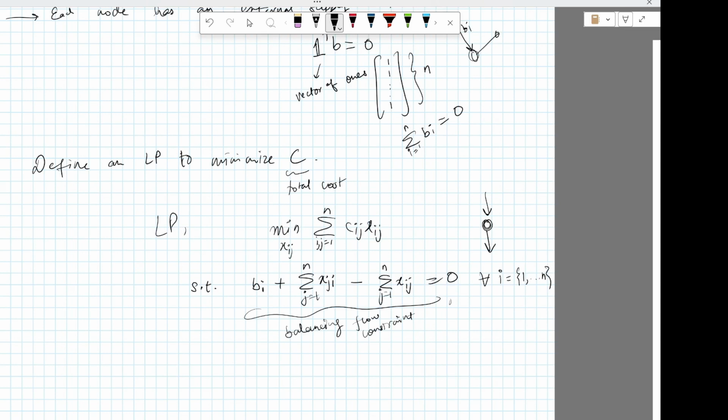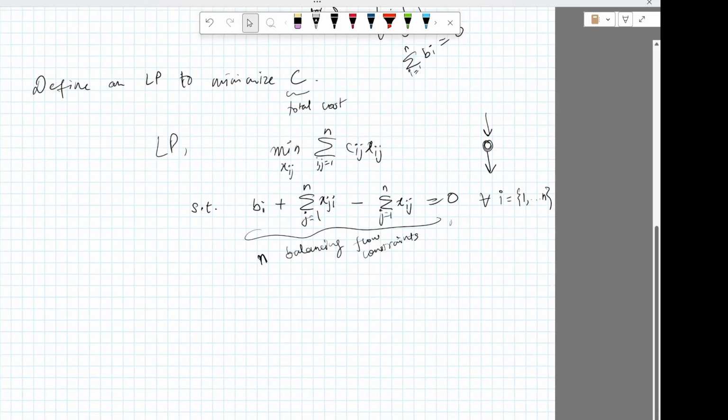So for each i you have this, so you have n balancing flow constraints. In each node you are balancing the flow, whatever is coming in is going out. So bi is coming, xji is coming from each j, and xij is going out from i to each of the j.